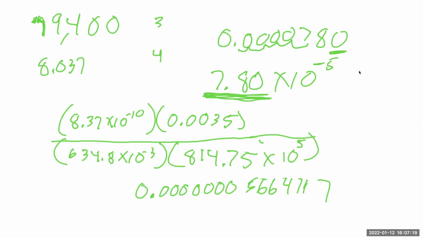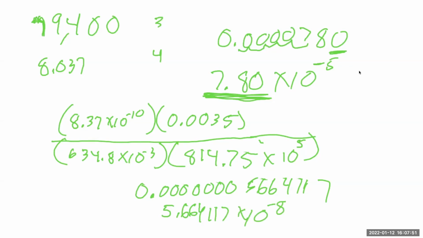Is there an EE in your answer? Yes. Okay, your calculator is in scientific notation, which means it's 10 to what number does the EE say? -8. That's the same number. So what your calculator is saying is your answer is 5.664117 times 10 to the -8.